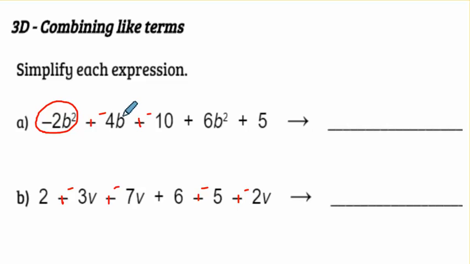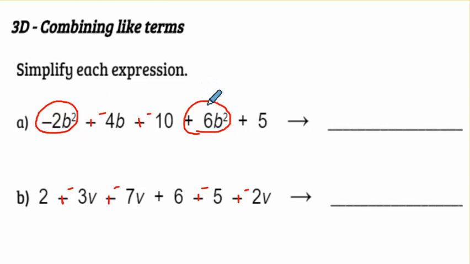So this one is not a like term because it does not have an exponent of 2. This one doesn't have a b at all, so both of those are not like terms. But when we get to this one, yes, they are like terms because they both have a b and they both have a little 2 next to it. So we're going to combine these.